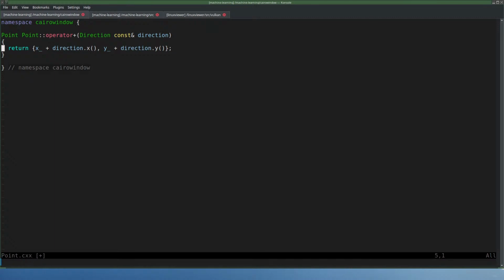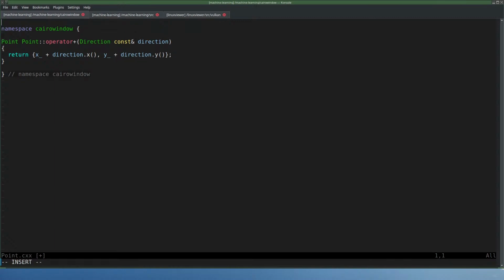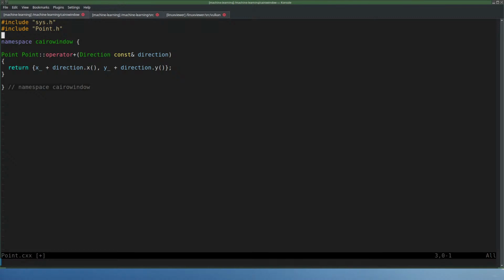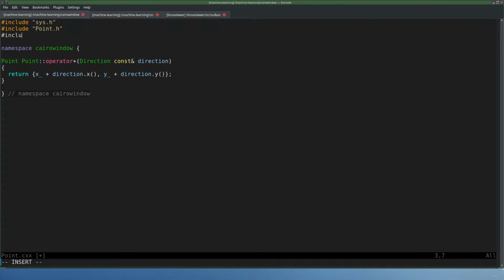Never press caps lock when you're using VI. Not a good idea. sys.h and of course point.h, and then we have the implementation of direction.h.